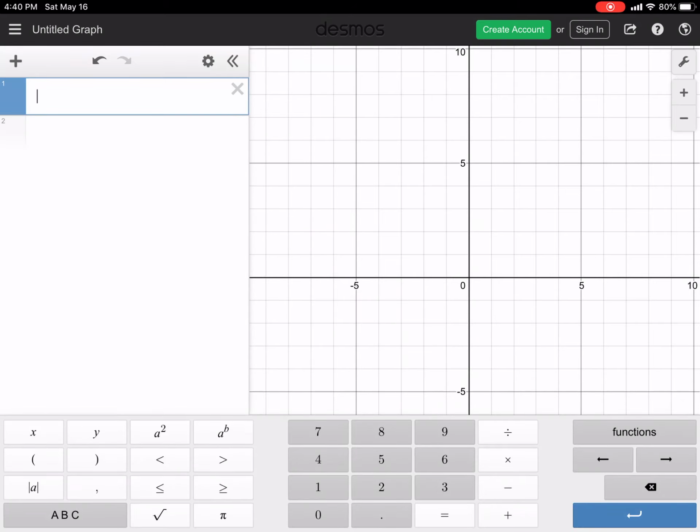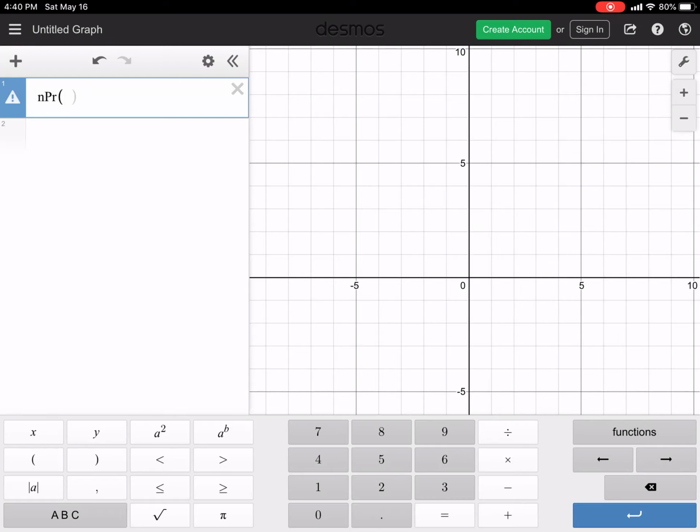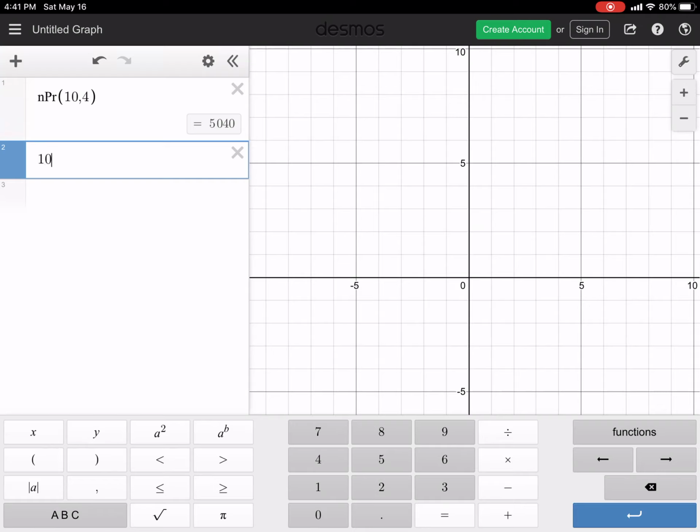All right, we're going to go to functions in that bottom right. Stats, so trig, stats, all this other stuff. We're going to pick nPr. We had 10 objects, comma, pick 4 of them, gives us the 5,040, which again, that's the same thing as us doing 10 times 9 times 8 times 7, which gives us 5,040.